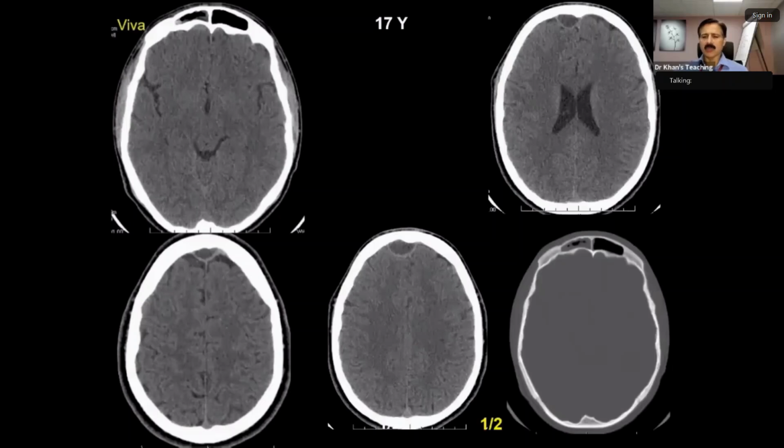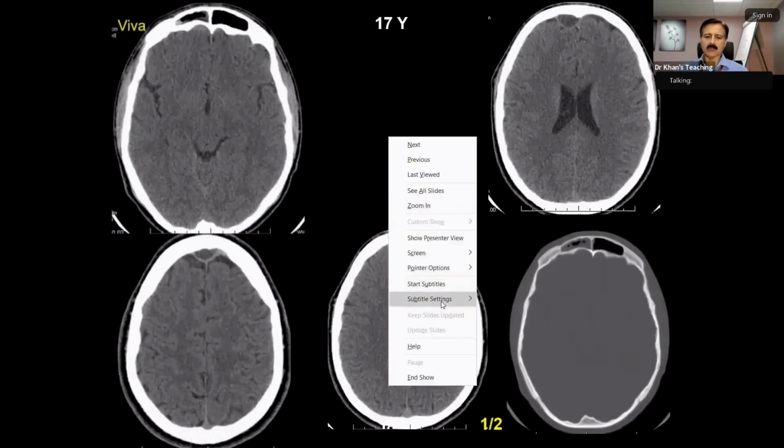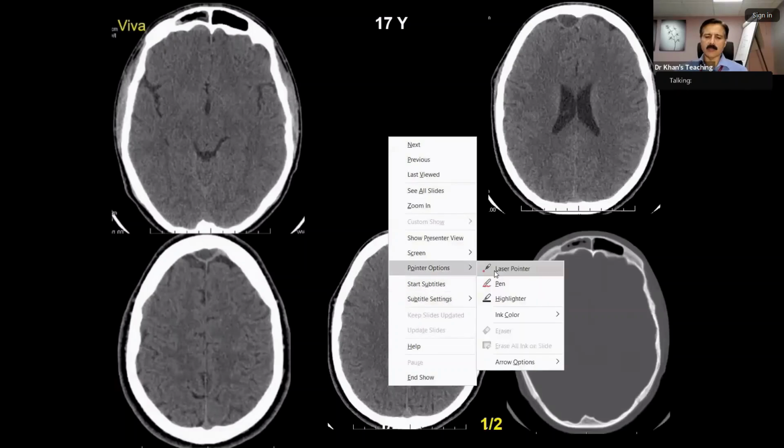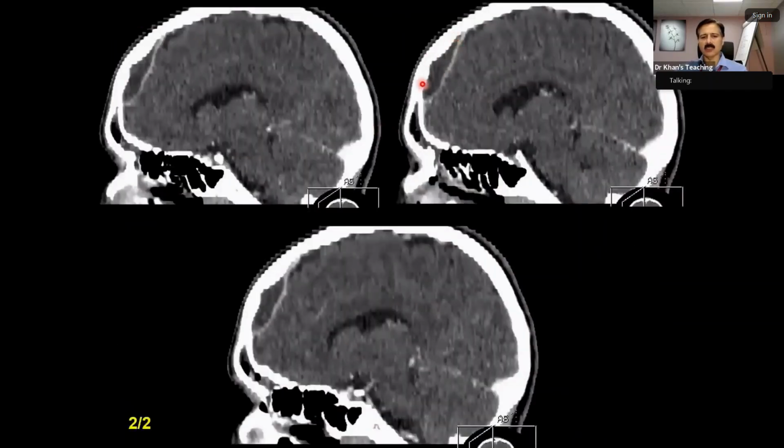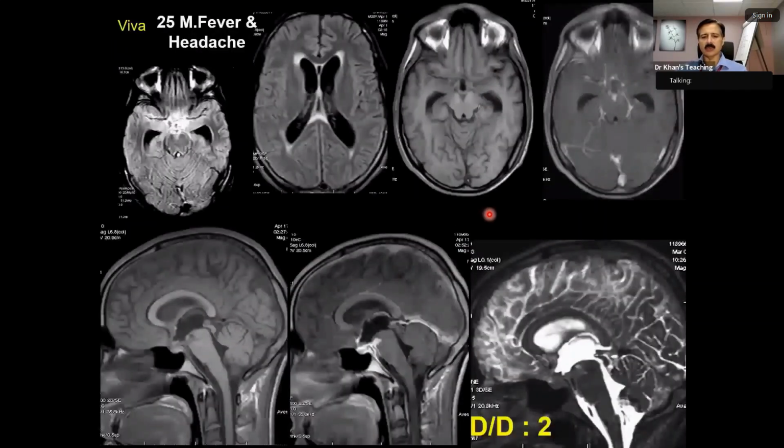In head and neck, infections are very important for your exam, particularly the complications of head and neck infections, such as intracerebral ones. So this is an epidural or extradural empyema as a complication of sinusitis, and you can see it here also.